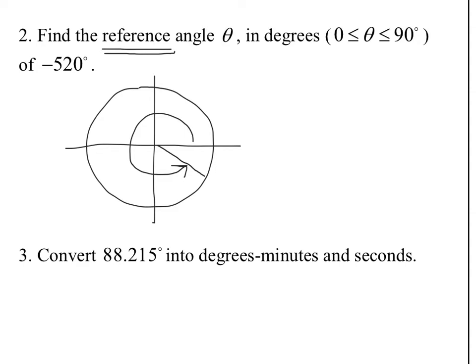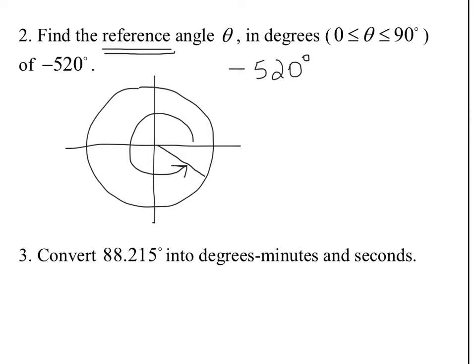So let's take the number that we've got here: negative 520 degrees, and we need to find the reference angle. The first thing I'm going to do is find a coterminal angle that's in between 0 and 360 degrees.